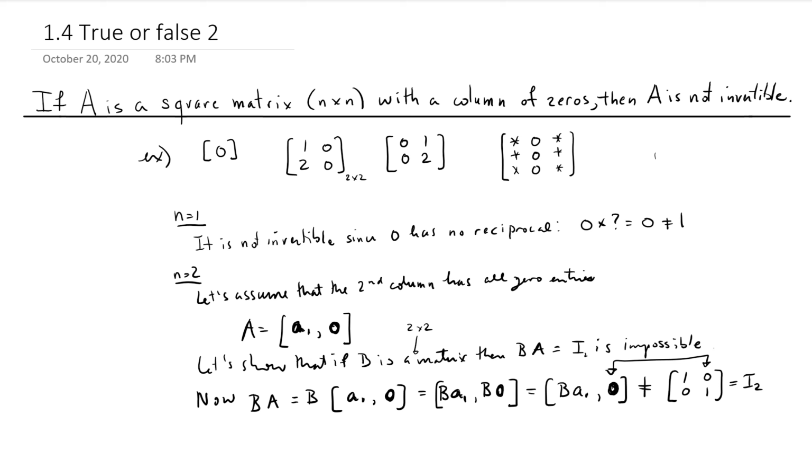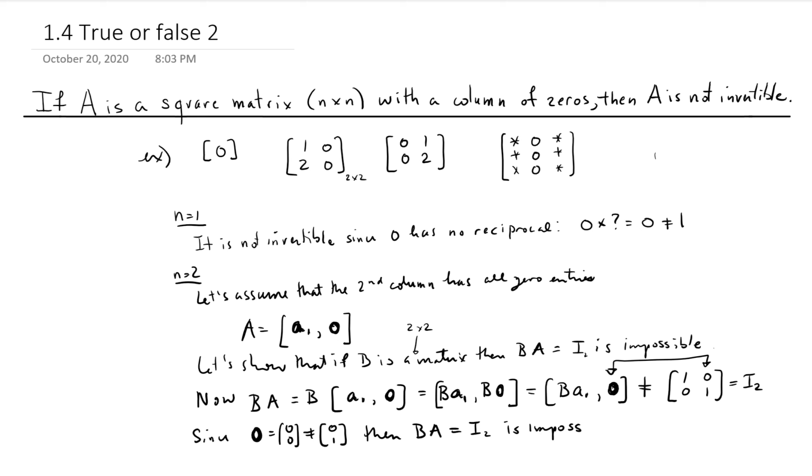It has a 1 in there. So since 0, which is the column matrix of all zeros, clearly is not equal to 0, 1, then BA equal to I2 is impossible.